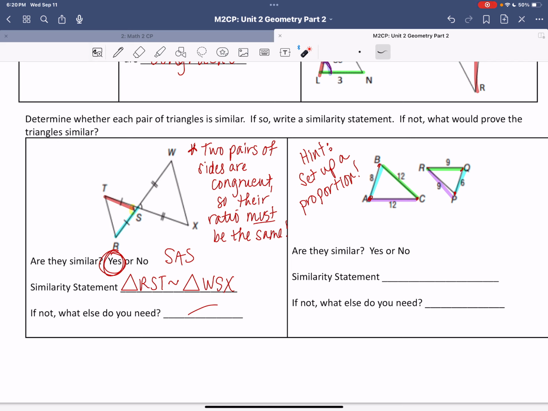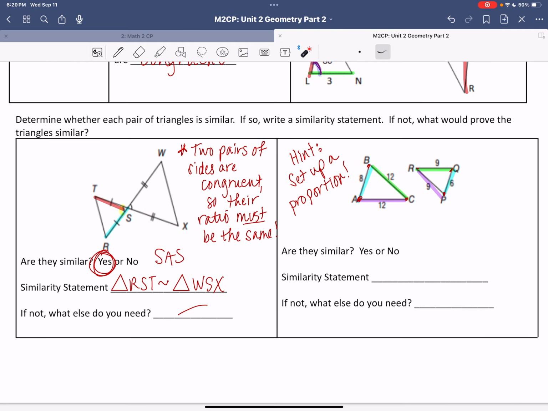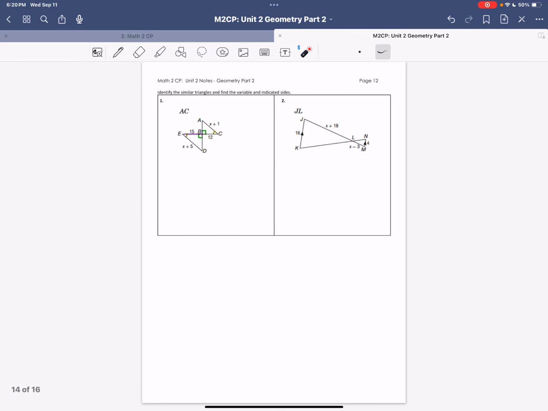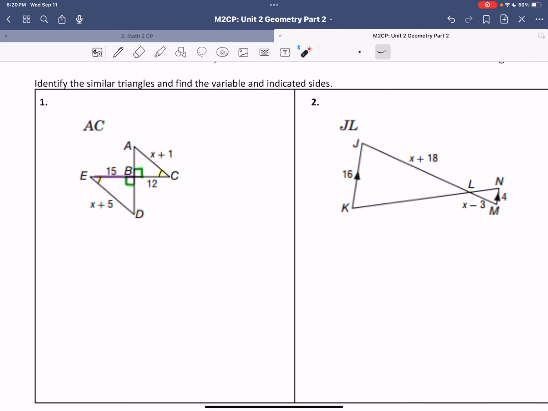Now you're going to do this one, but here's your hint: set up a proportion. I already color coded it for you. If you did this correctly, your answer should be yes, because of side, side, side, and then you set up the similarity statement.